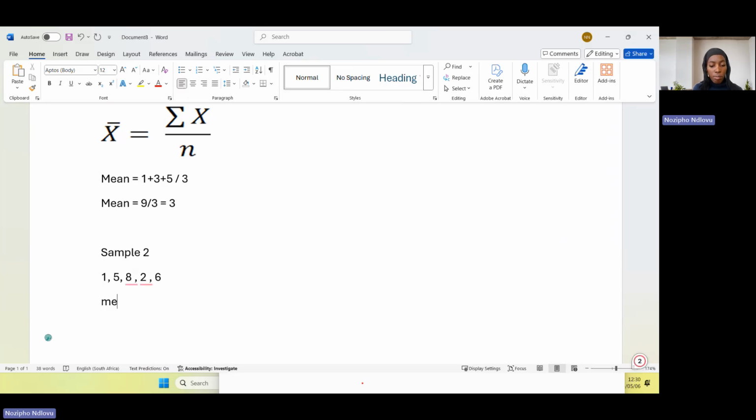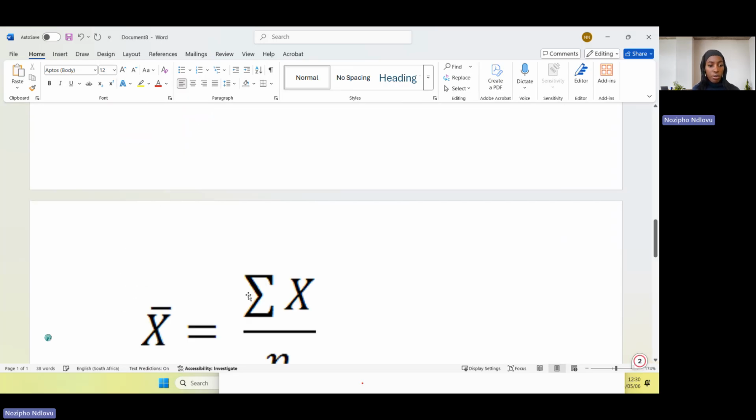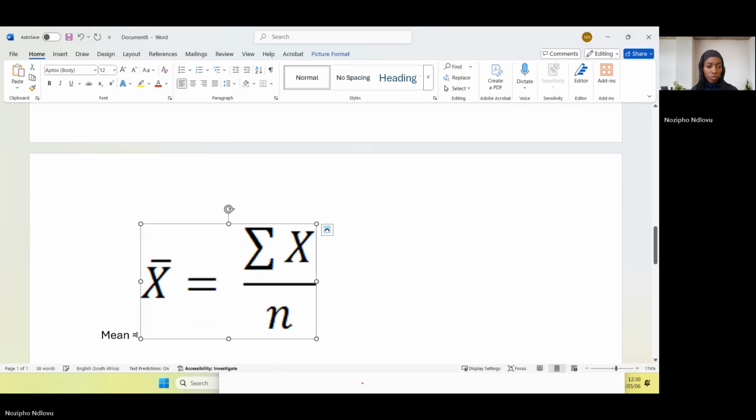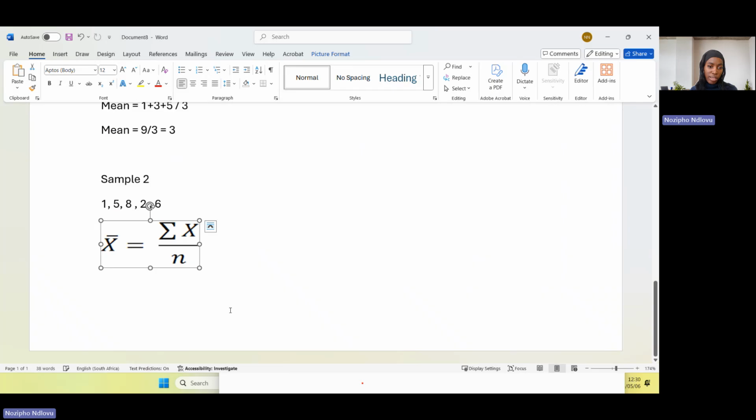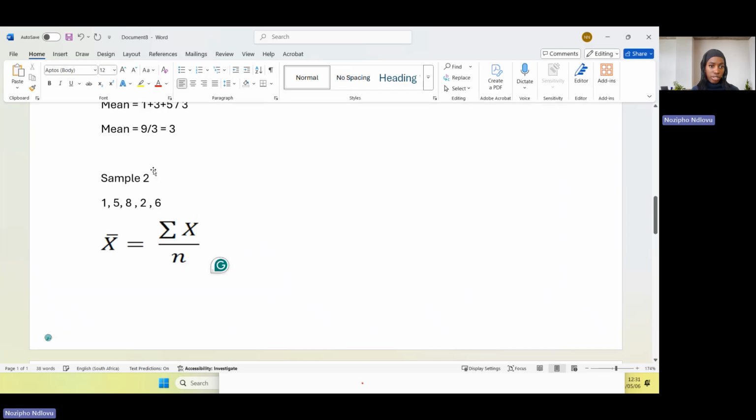You already know mean is equal to, then you have your formula. You don't have to write this because already this is the mean. Then you follow through.